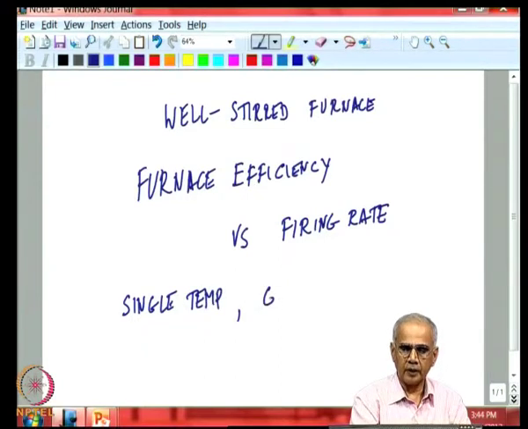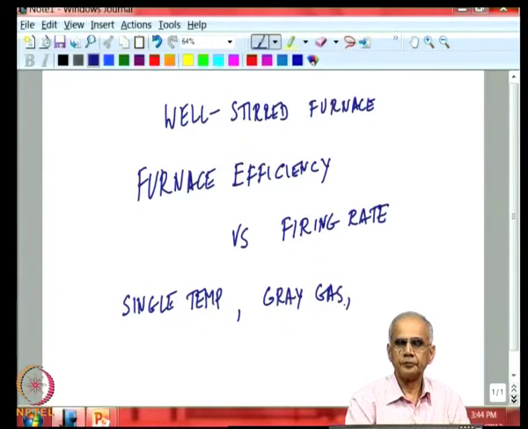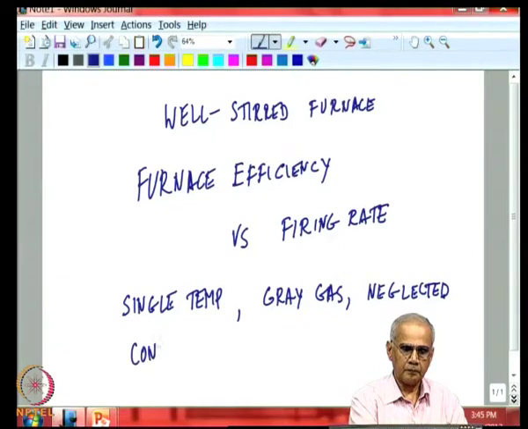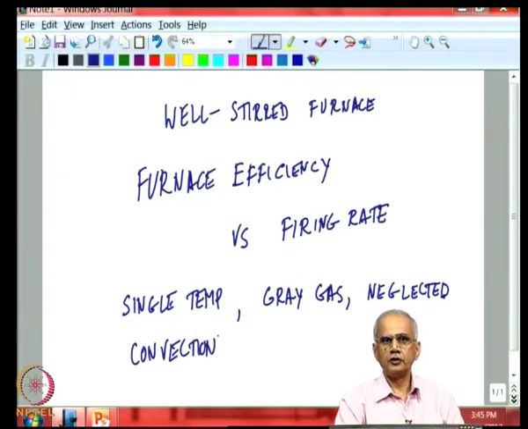Then we had assumed a gray gas, and we had neglected convection, and hence you may wonder whether this kind of simple analysis has any value.